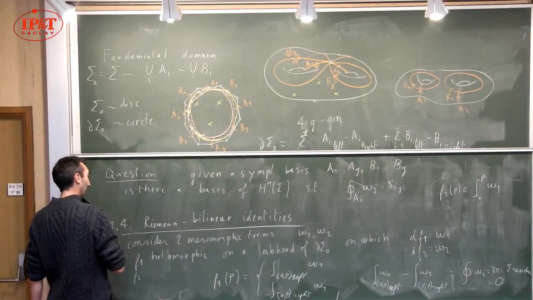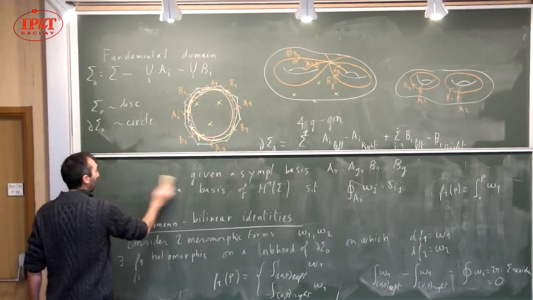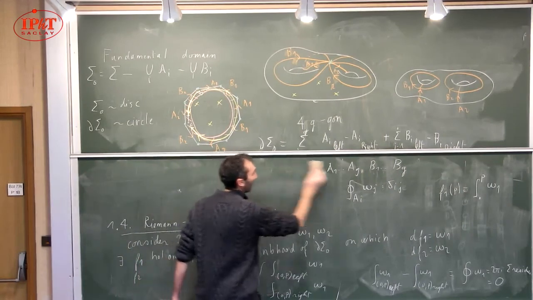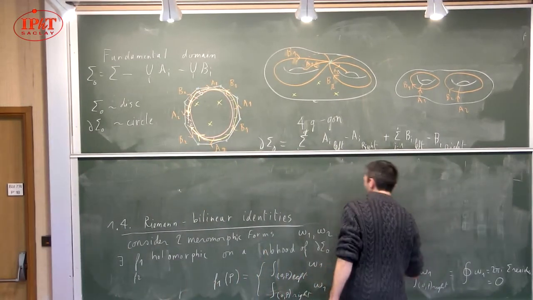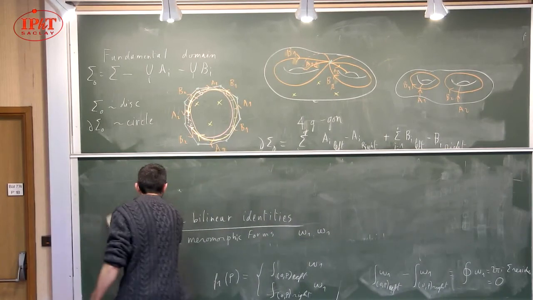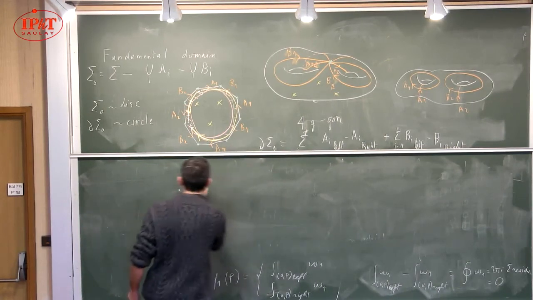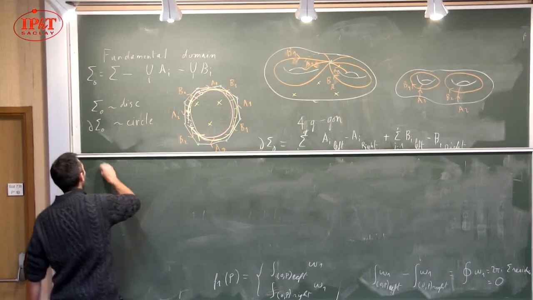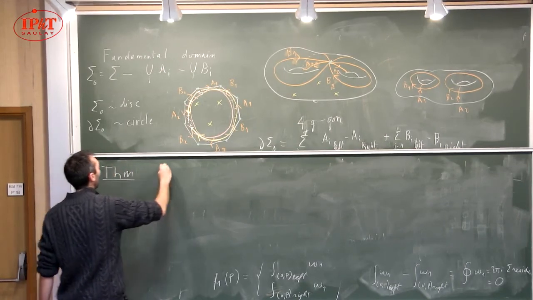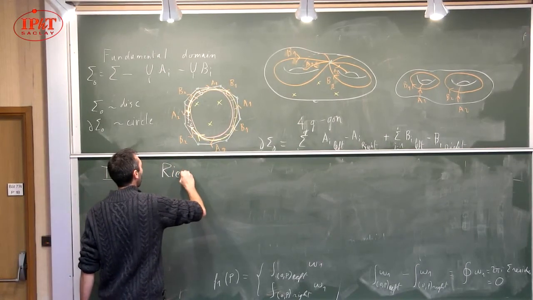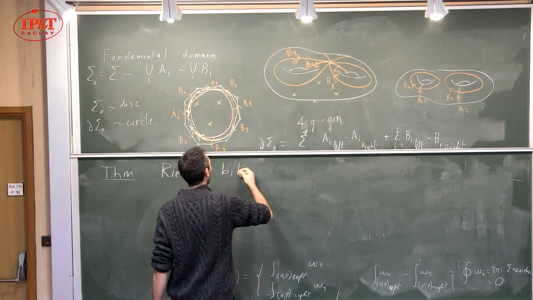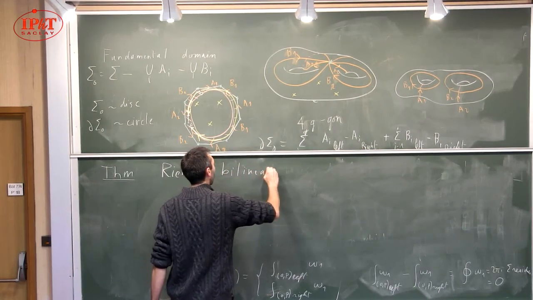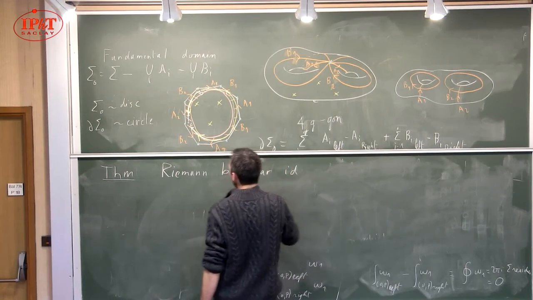So the Riemann bilinear identity is the following theorem. This is the main theorem, Riemann bilinear identity.